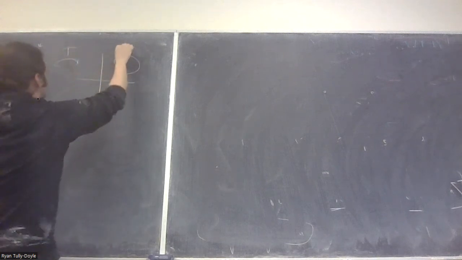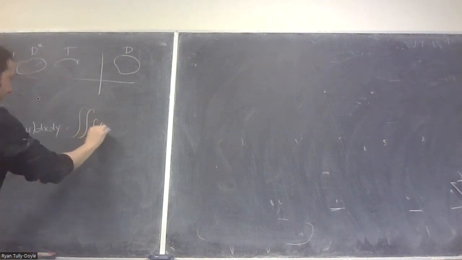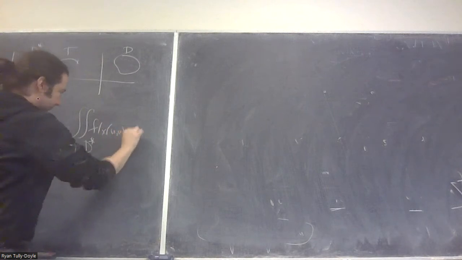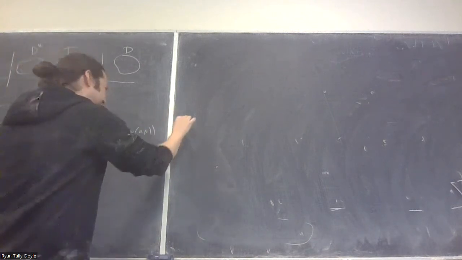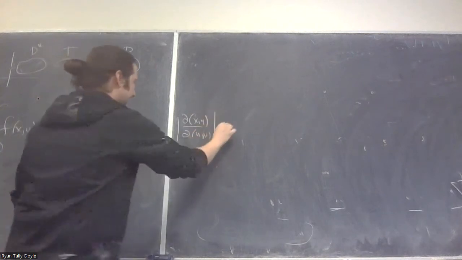We talked about the change of variables formula, and it says that if you have a transformation T that takes a domain D star over here and turns it into a domain D over here, then the integral over D of f of x and y dx dy, this is one instantiation of f of x, y dA, is equal to the double integral over D star of f of x of u and v, y of u and v, times the absolute value of the Jacobian of x, y with respect to u, v, times du dv.